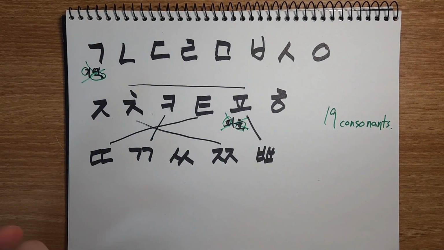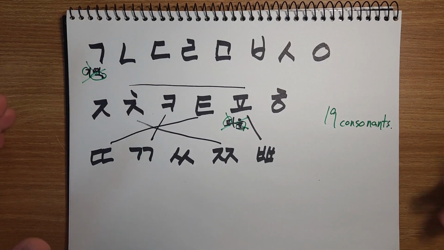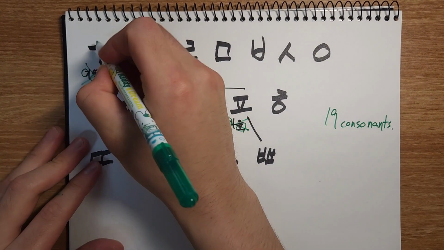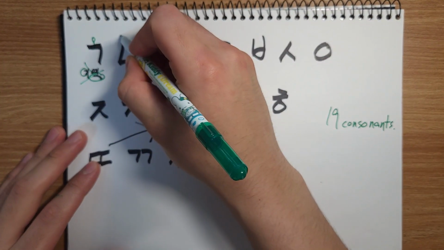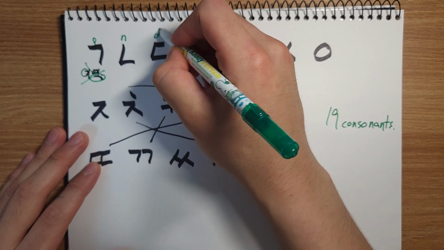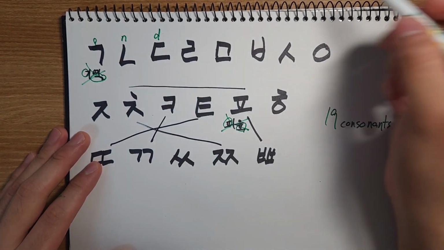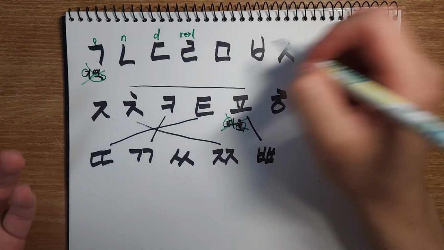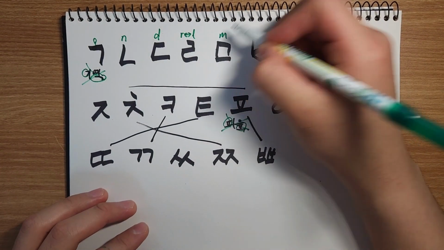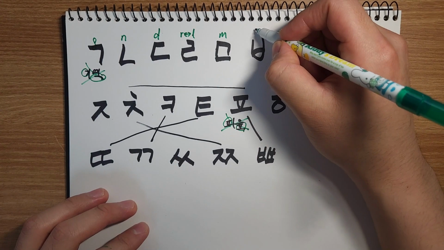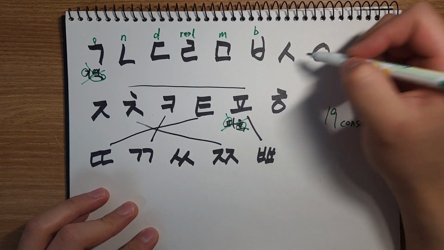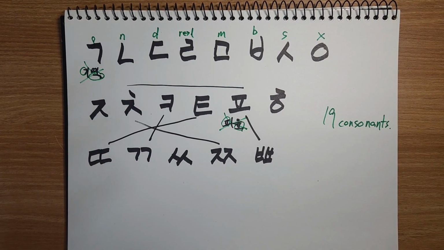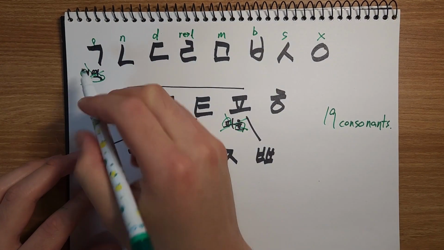But what I recommend is to memorize these consonants with the sounds, like Kyuk for English G, Nyum for English N, Tigut for English D, Lir for somewhere between English R and L. Mium sounds like English M, Piub sounds like B in English, Shiot sounds like S. Liung actually doesn't have a sound when it comes at the start of a syllable.